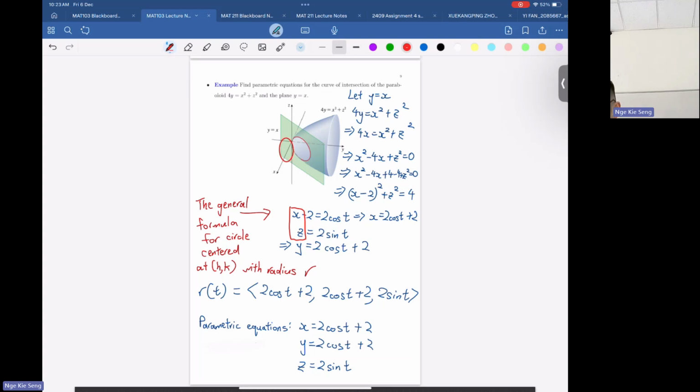But with the extra y coordinate, every point on this circle gets attached with a different y, so it becomes like an enlarged circle. How do you control this y? This y exactly follows how x grows. It's the same growth.